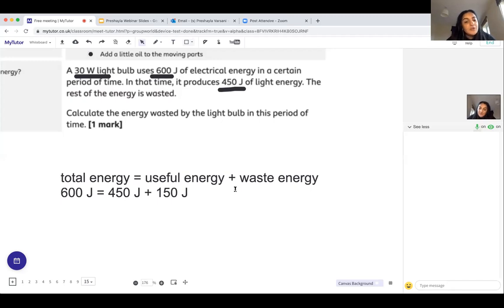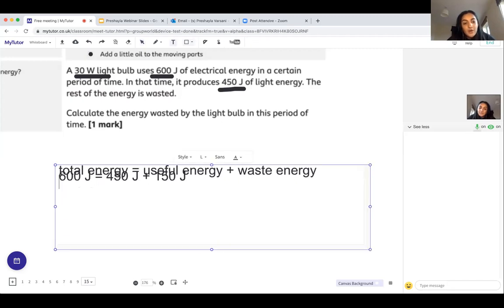So how do we work out the efficiency of this light bulb? If we remember, the equation for efficiency is useful, which is 450, divided by total, which is 600. When we divide 450 by 600, we get 3/4.